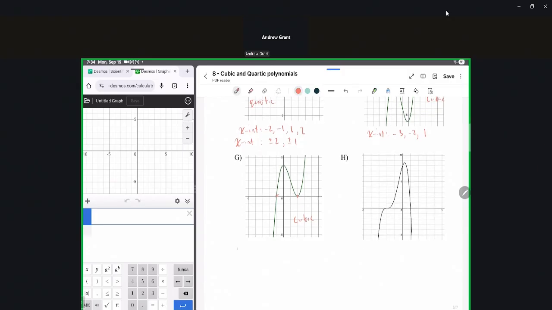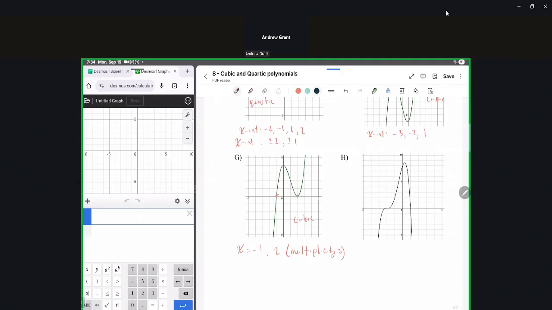So for x-intercepts, we have x equals negative 1, and we have x equals 2, order 2, or multiplicity 2, depending on what you like to call it.